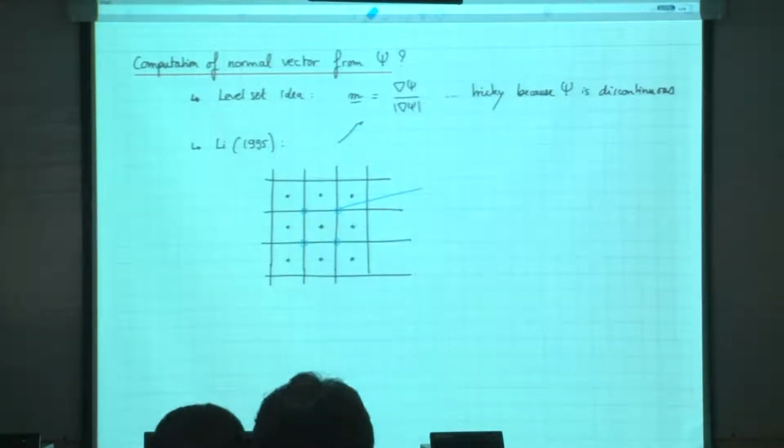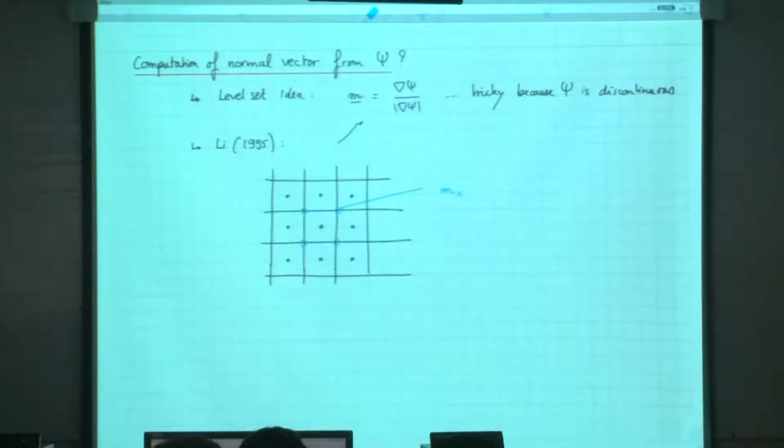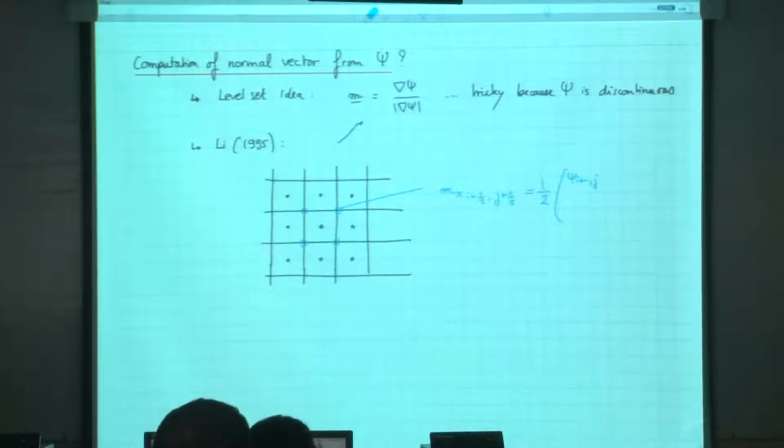So at that location is computing an mx of I plus 1/2, j plus 1/2 is equal to 1/2 of psi I plus 1, comma j minus psi I, comma j over dx, plus the same thing with the neighboring cell, psi I plus 1, comma j plus 1 minus psi I, comma j plus 1.